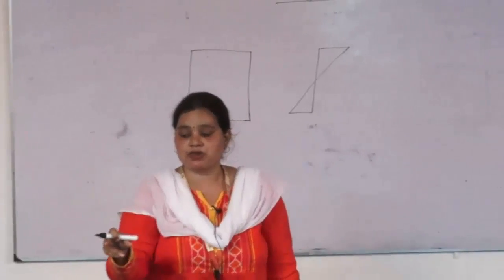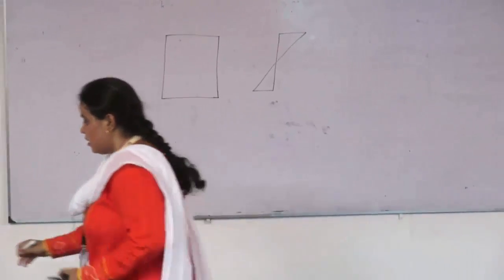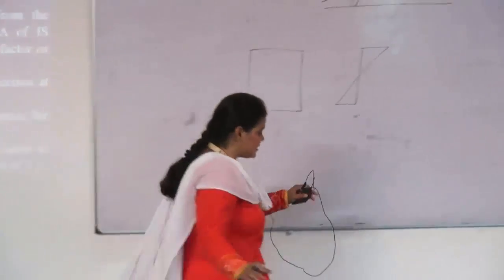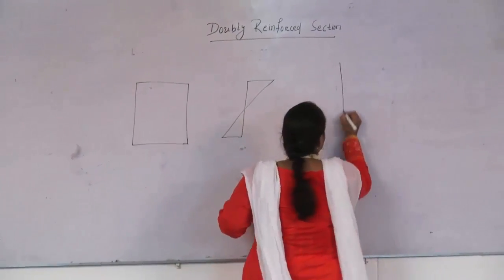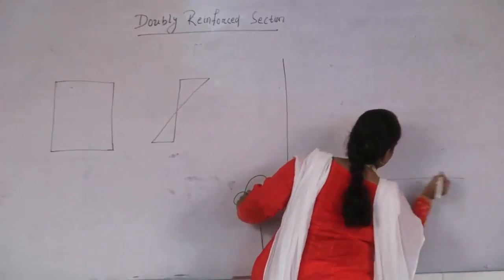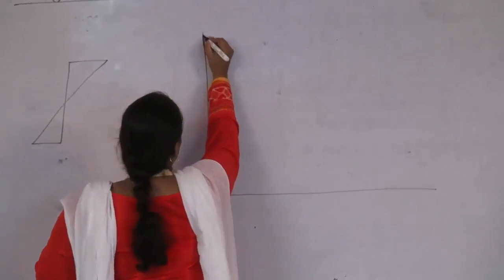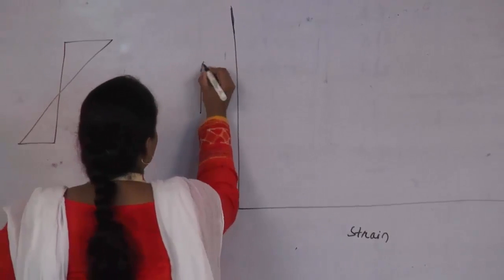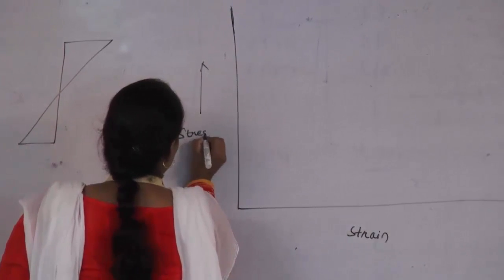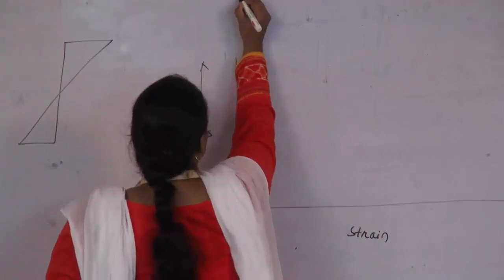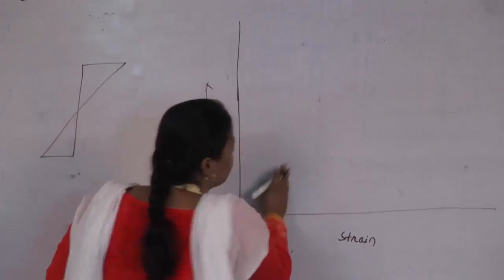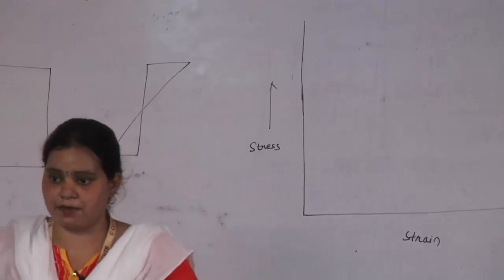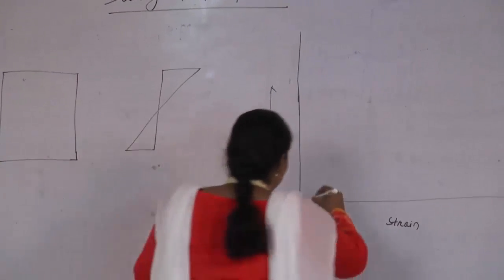Just see your stress-strain curve of a parabola. Here the axis is strain, and here stress. This is the stress-strain curve for the concrete. So here, what happened?